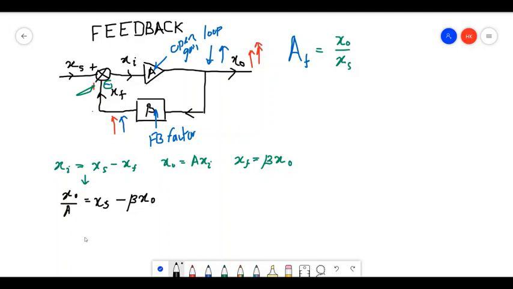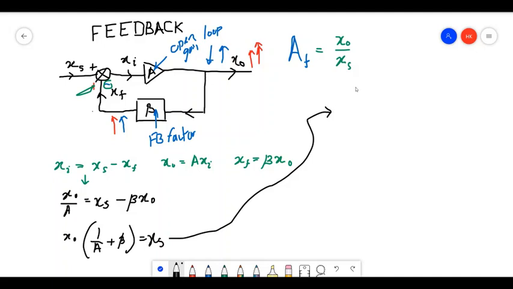So if I take x_o to one side and take it as a factor, we can write x_o times (1 over A plus beta) is equal to x_s.